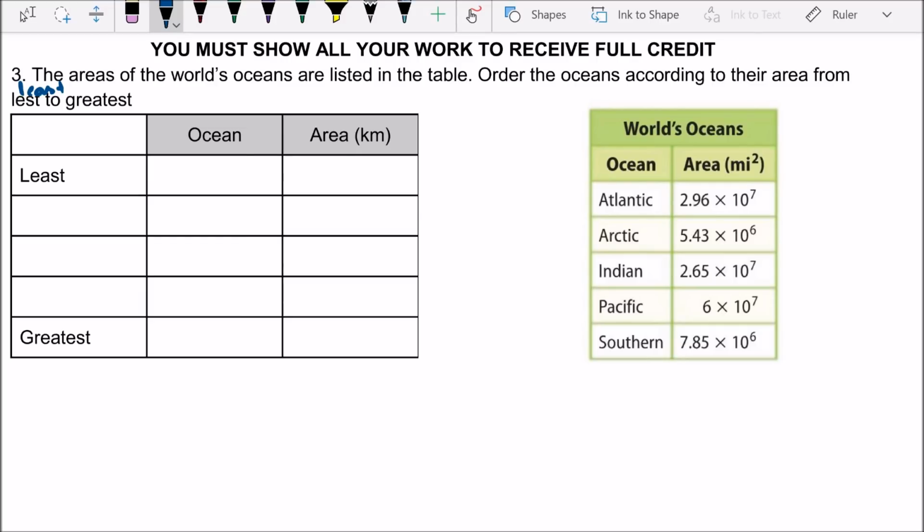Alright, so by looking at these numbers, we're going to pay attention to the power first. We're going to group them by power.